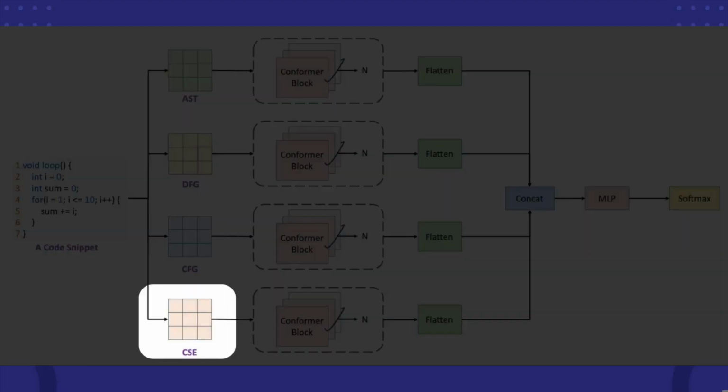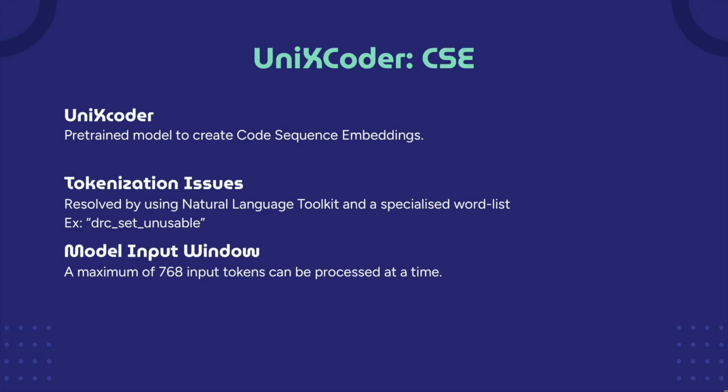But we're not done yet. Additionally, code sequence embedding, CSE, is used for semantic representation. DefectHunter employs UniXcoder, a cross-modal pre-trained model, to create code sequence embeddings for capturing the semantic features of source code. However, initial tokenization challenges led to inaccurate embeddings.